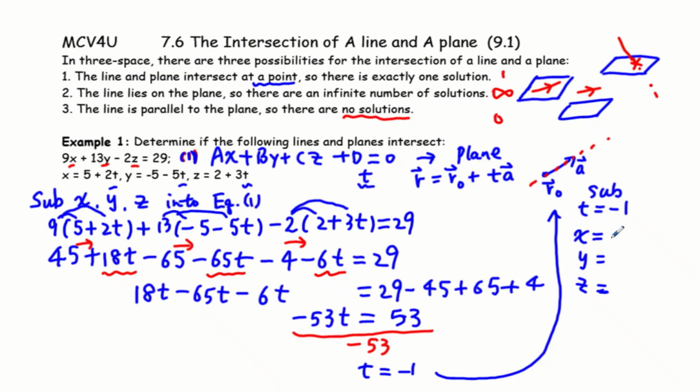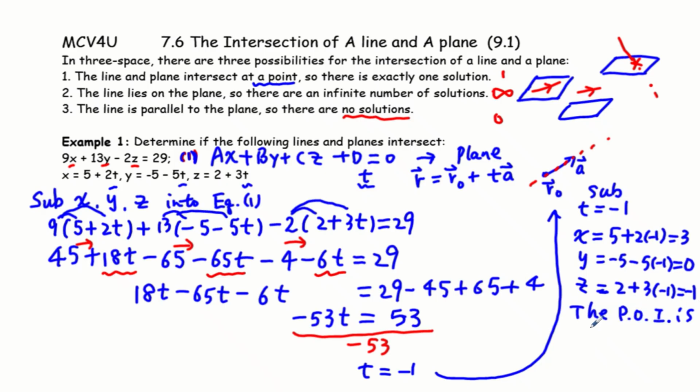That is a point of intersection. So 5 plus 2 times negative 1 gives us 3. Negative 5 minus 5 times negative 1 gives us 0. 2 plus 3 times negative 1 gives us negative 1. So the point of intersection is 3, 0, negative 1.